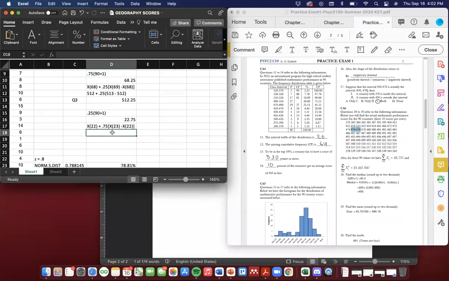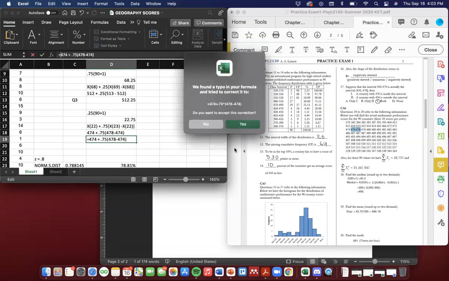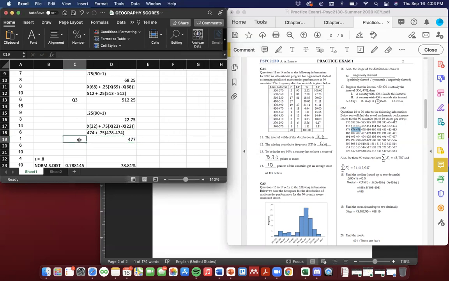So 474, and 478, because that is the 23rd value, minus 471. There. This is our quartile.